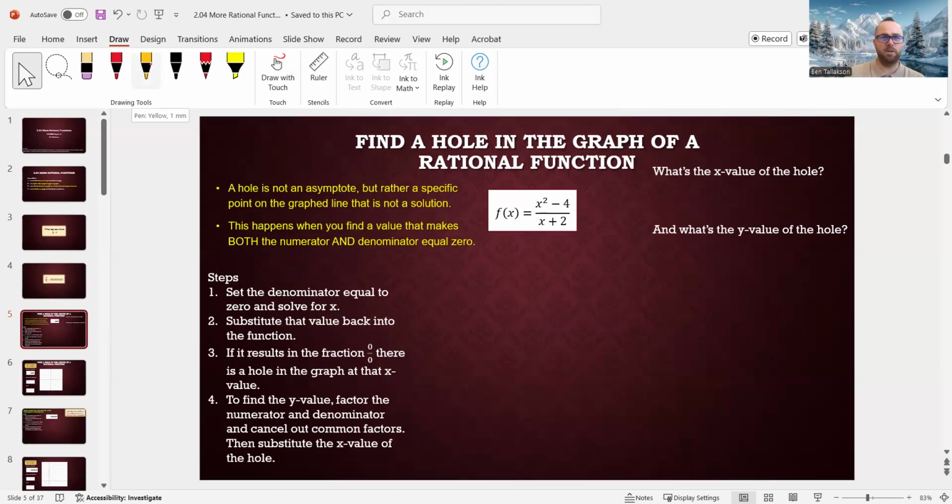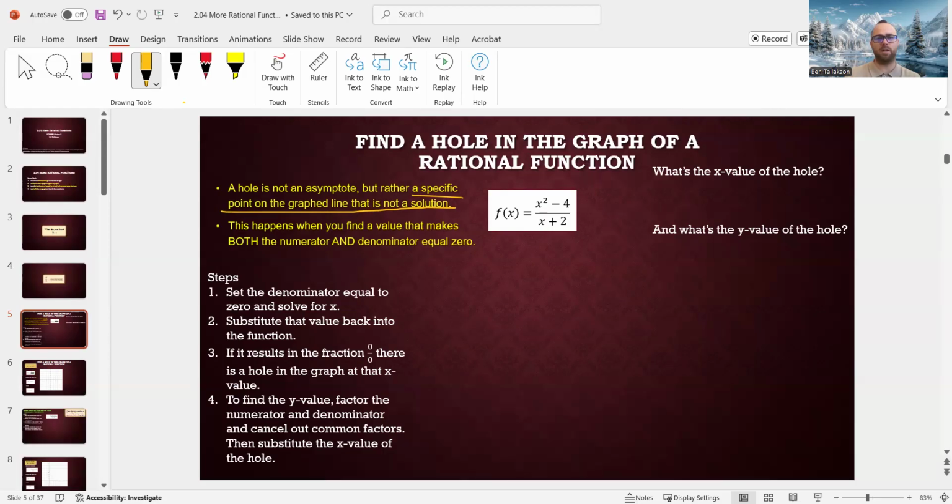Well, it's here written out for us in the yellow text. A hole is not an asymptote, but rather a specific point on the graphed line that is not a solution. So there's a specific point that's not a solution. That's new. That's a little weird, right? We're going to learn about that right now.